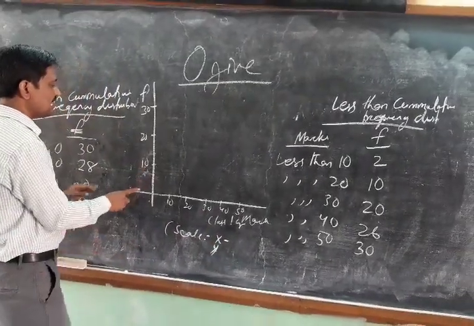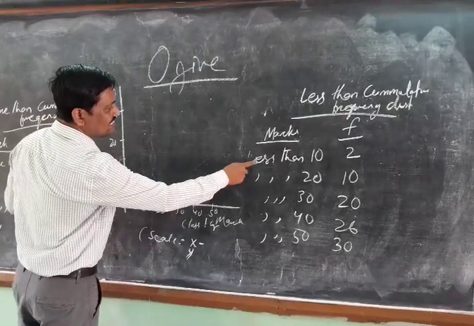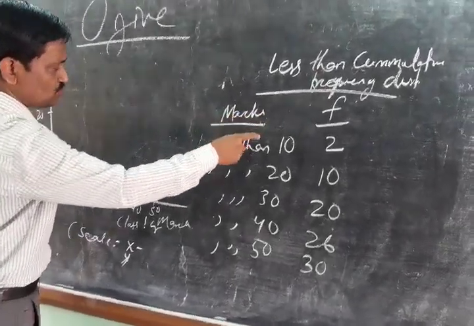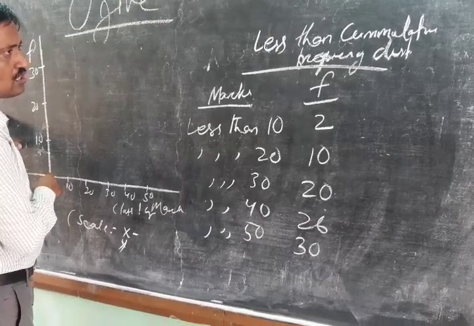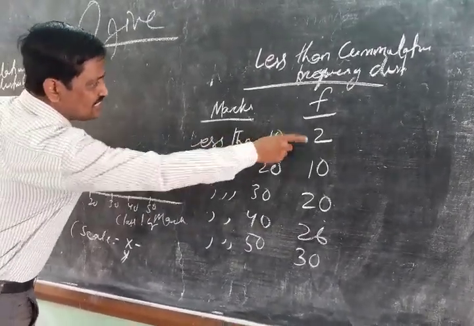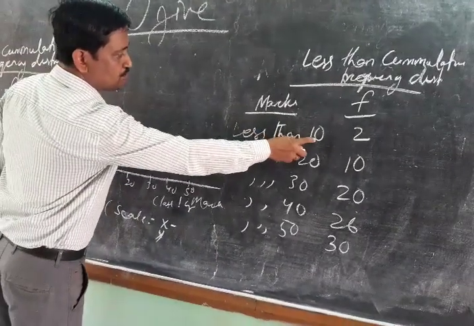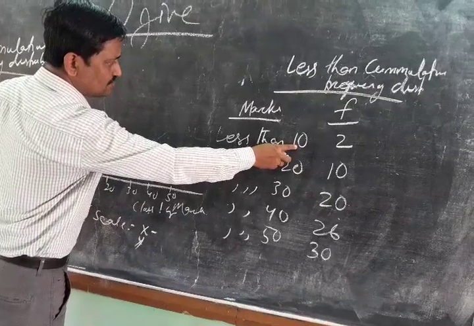After doing that, you have to plot the numbers. For the less than cumulative frequency, you will draw the less than ogive. Less than 10 is 2, so you will take 10 here.